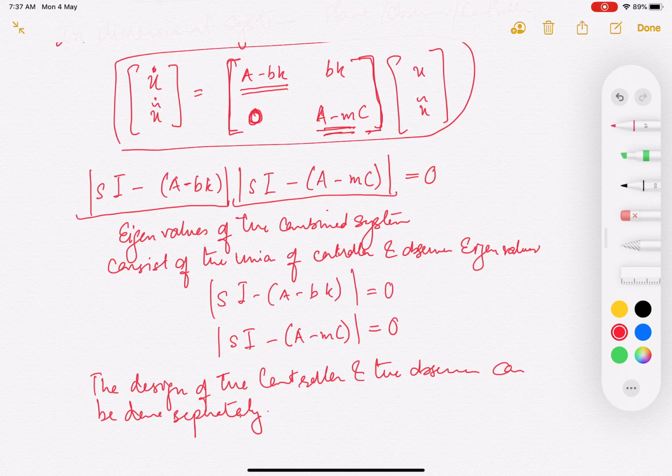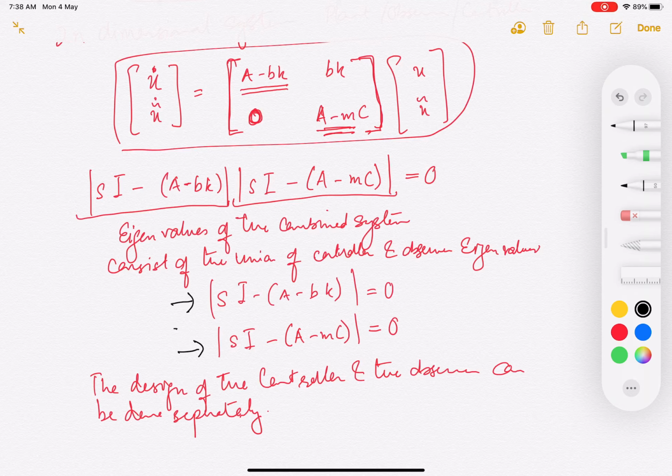So when you design the controller separately, you ensure that sI minus A minus BK is 0 at those values of s for which you want it to be 0. And when you design the observer, you ensure that sI minus A minus MC is 0 for those particular values of s for which you want it to be 0.